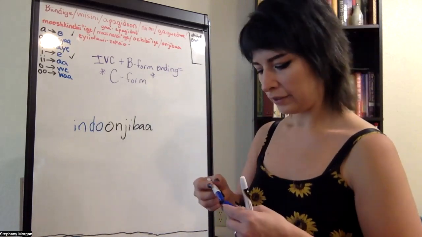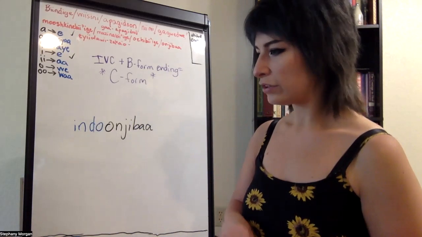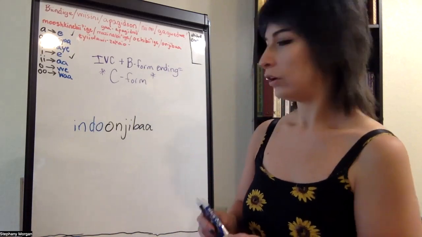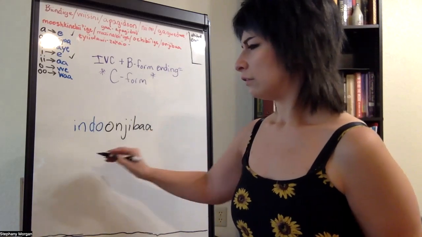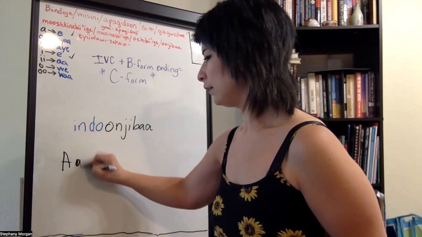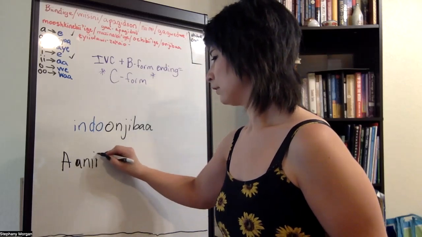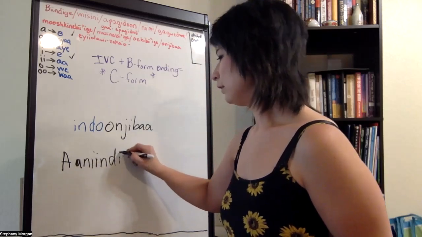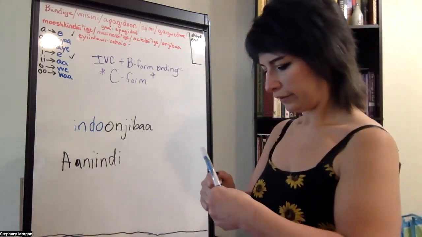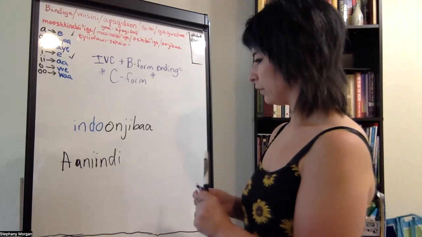Indunjiba, I come from a certain place. That's what it means. Now, in the question, where are you from? Where do you come from? Anindi or andi. Anindi, winjibad.